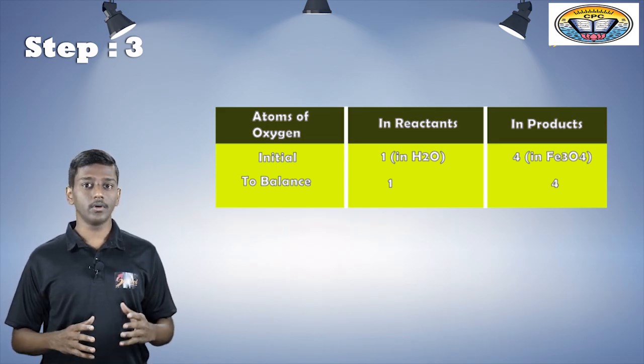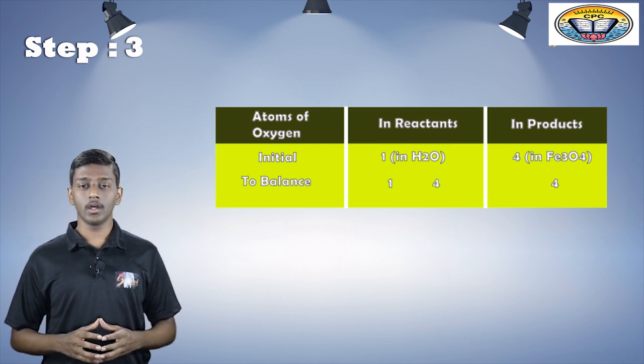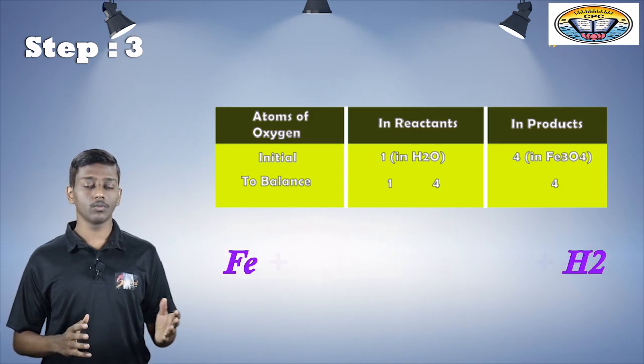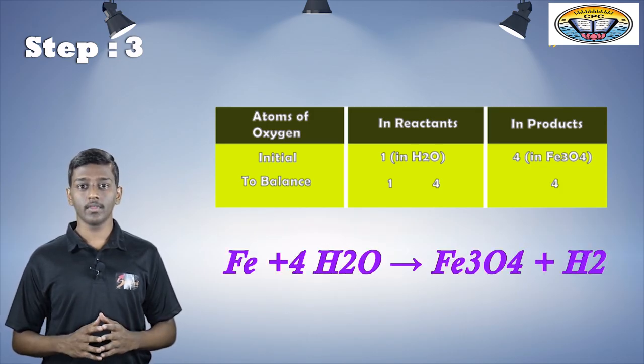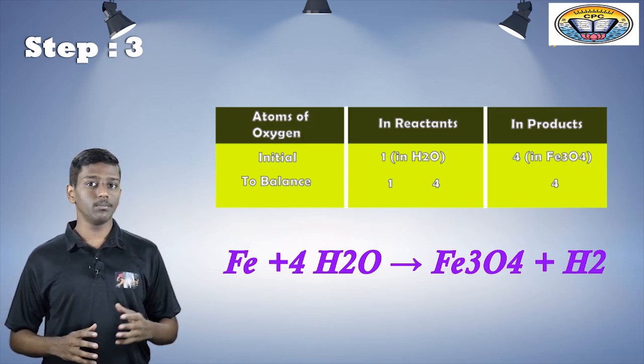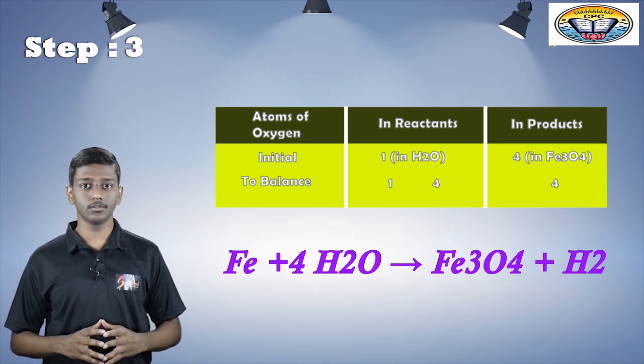Hence we introduce a numerical coefficient 4 on the left hand side of the equation. Now the equation becomes Fe plus 4H2O giving rise to Fe3O4 plus H2.